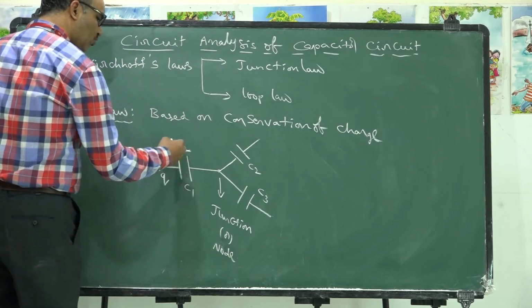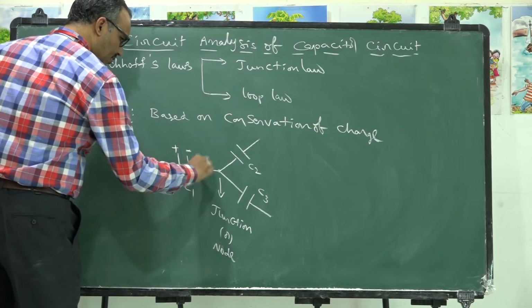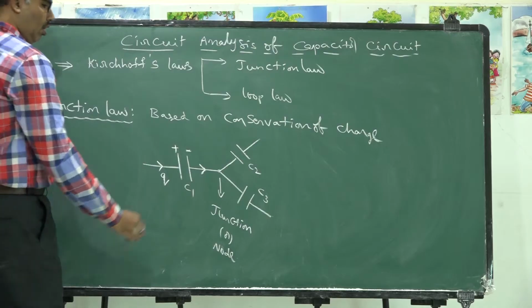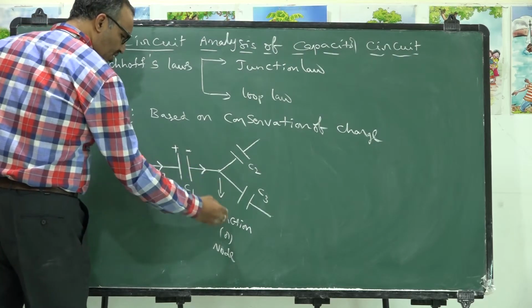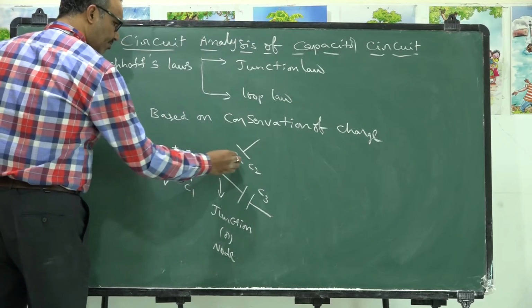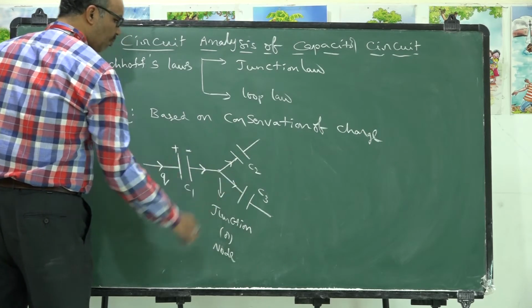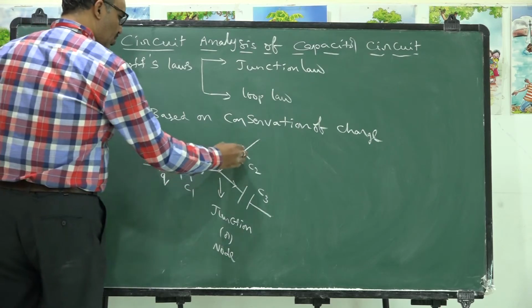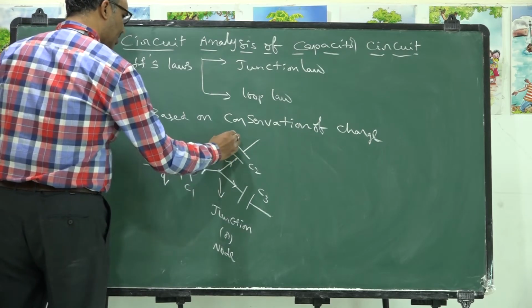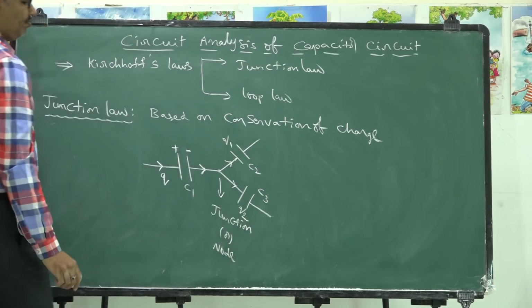Once the capacitor is fully charged, it continues to move like this. Once it approaches the node or junction, it finds two ways. Some charge may move in this path, some charge may move in this path. Due to the passage, here it is getting some Q1 charge, here it is getting some Q2 charge.